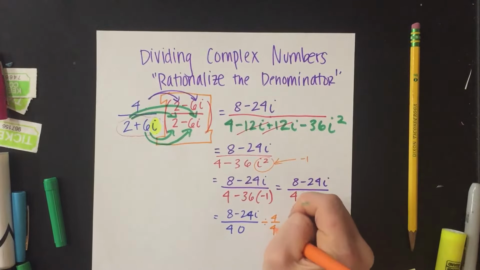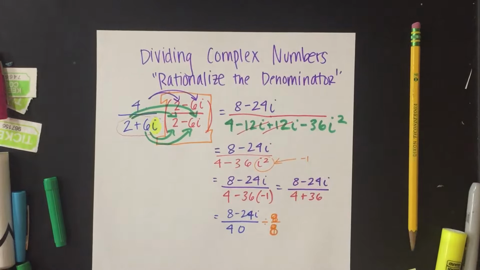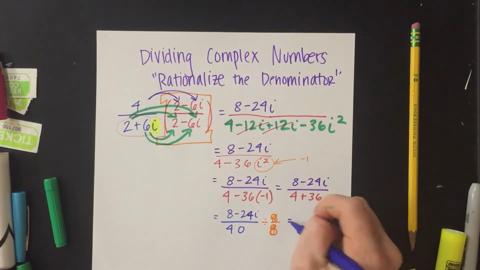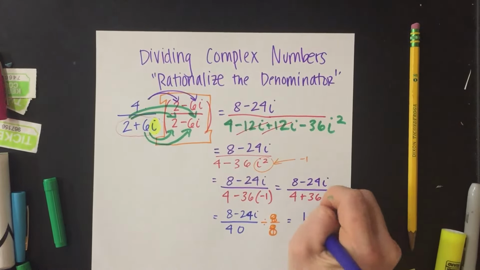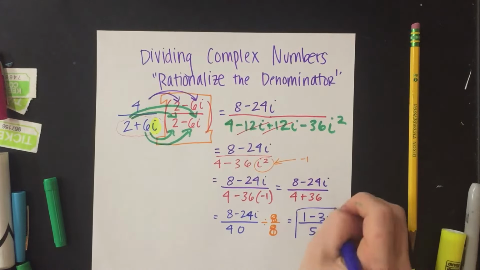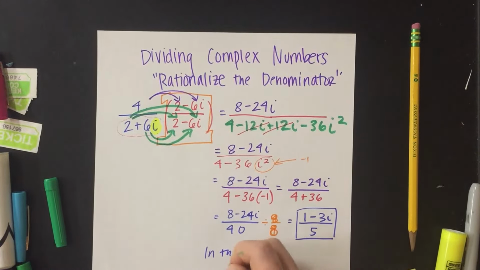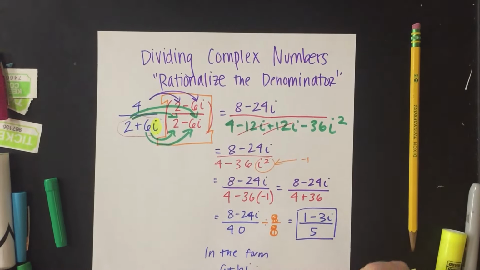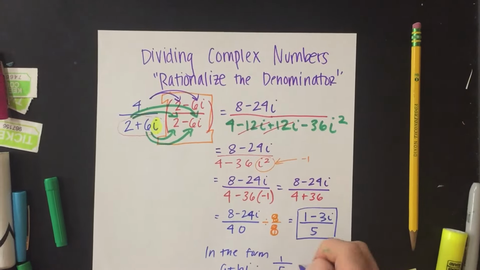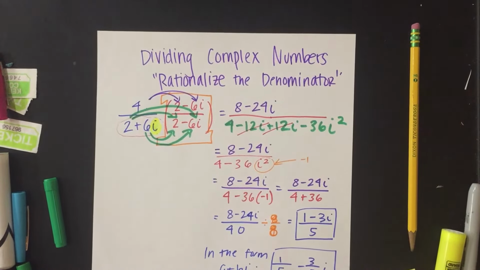Actually, a bigger number, 8. So really, my solution is 1 minus 3i over 5, which in the form a plus bi, that would be 1/5 minus 3/5 i. Ta-da!